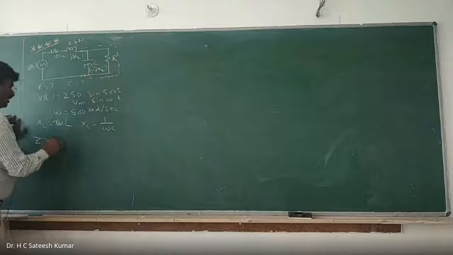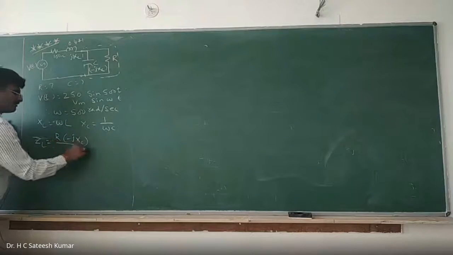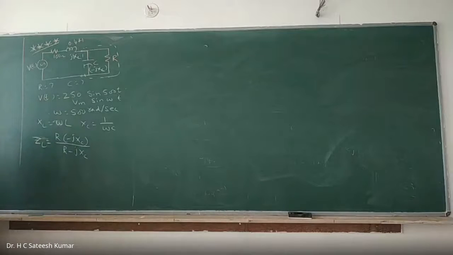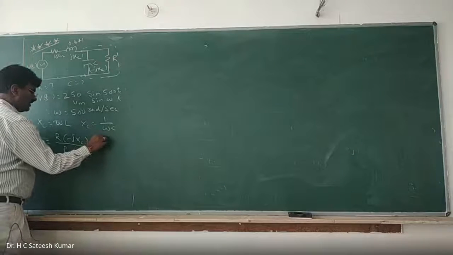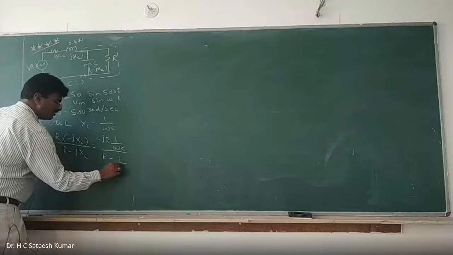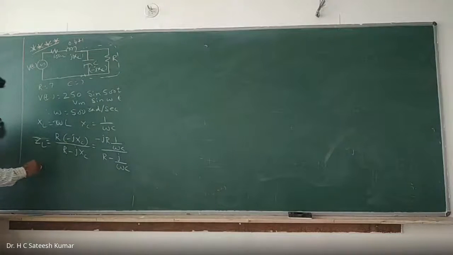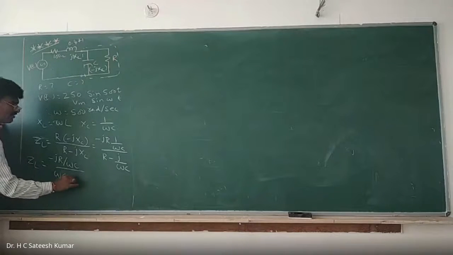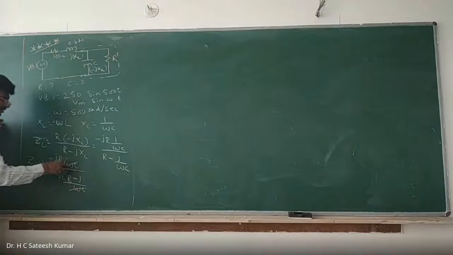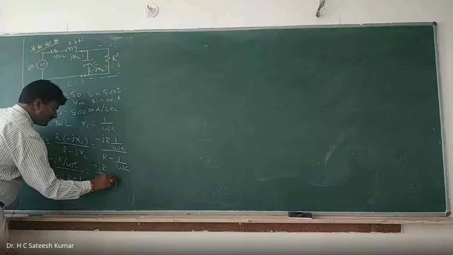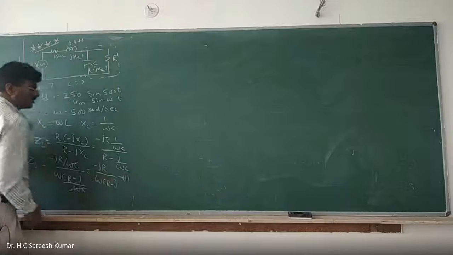That is R into minus jXC divided by R minus jXC, which is R into minus j, with XC being 1 by omega C, divided by R minus j divided by omega C. Take the LCM: ZL is equal to minus jR divided by omega C, divided by omega CR minus j divided by omega C. Omega C gets cancelled: minus jR divided by omega CR minus j. Call this equation number 1, ZL.